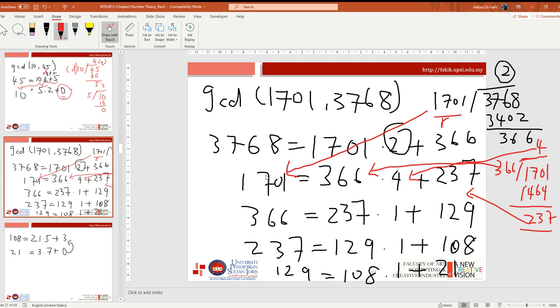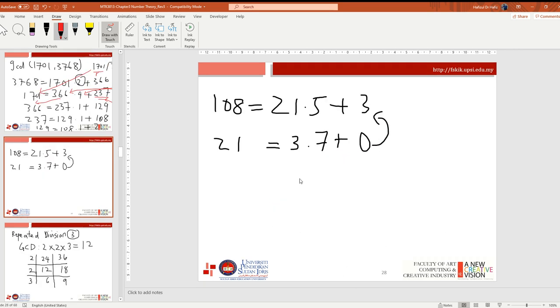Then here we go again, until we get the remainder. 129, 21, and so on. 108, 21 multiplied by 5 plus 3, until we get a remainder of 0.